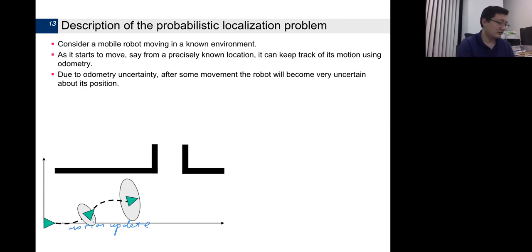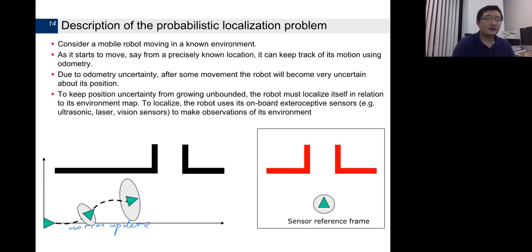To keep the position uncertainty from growing unboundedly, the robot must localize itself relative to the map. To localize, we need some exteroceptive sensors.